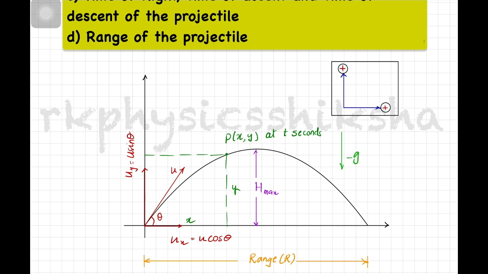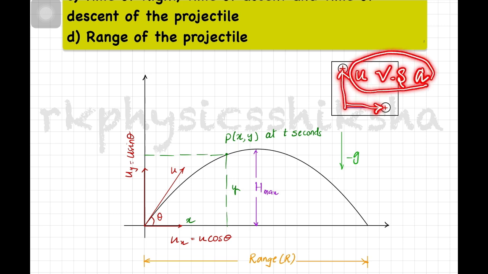But I am following a simple rule, as I already told you in the previous videos. Along the direction of the motion, whatever I measure, for example velocity v, displacement, or acceleration, I take positive, and opposite to the direction of the motion I take negative.